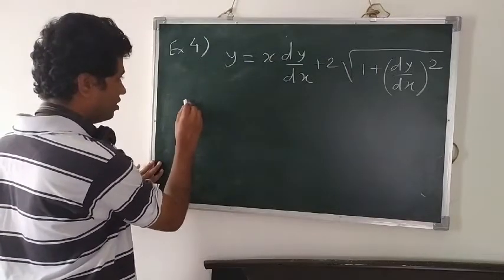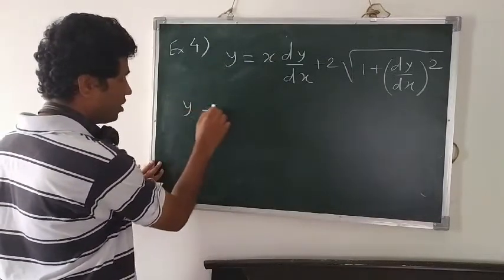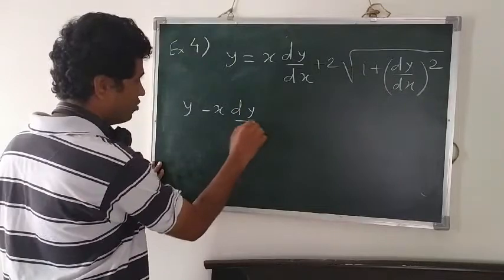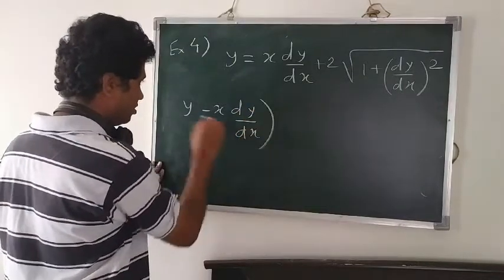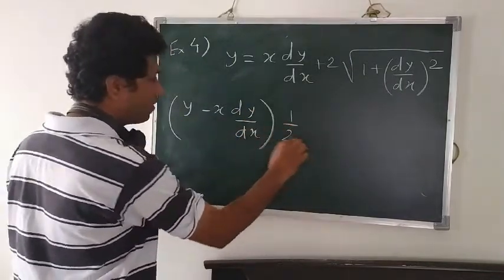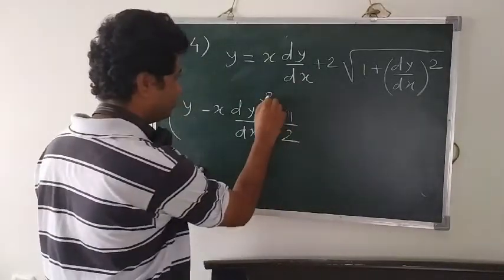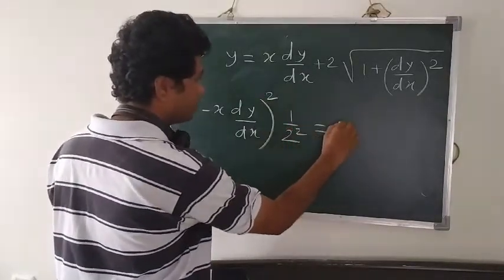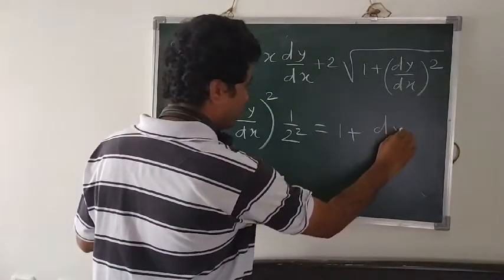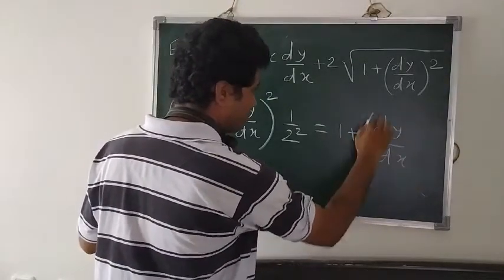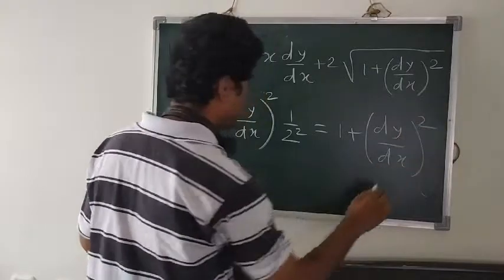We rewrite it as (y minus x dy by dx) divided by 2, and square, so that we get 1 plus (dy by dx) square.